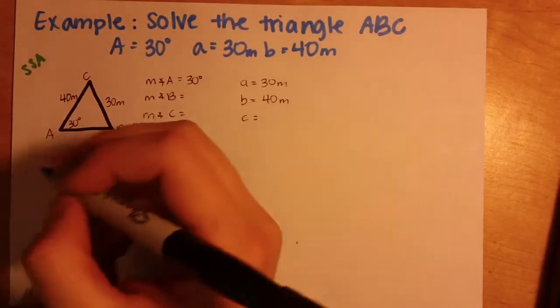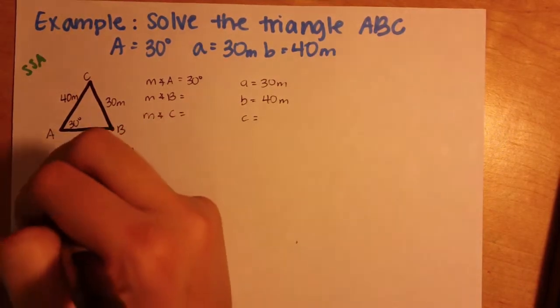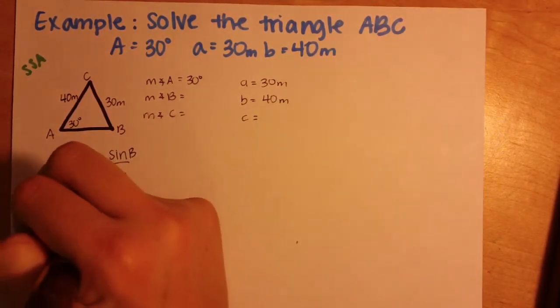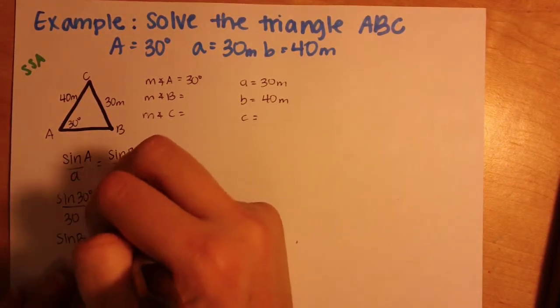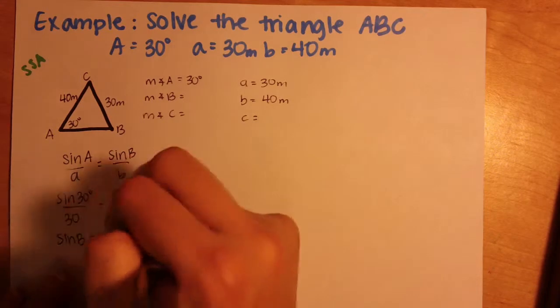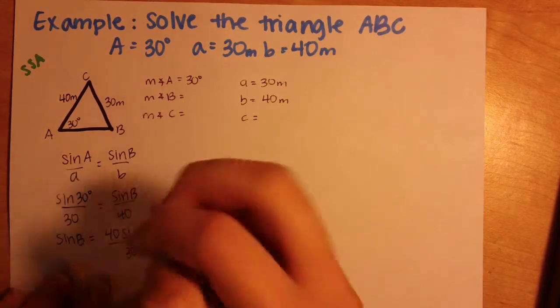So to solve from here, the sine of B equals 40 sine 30 all over 30.